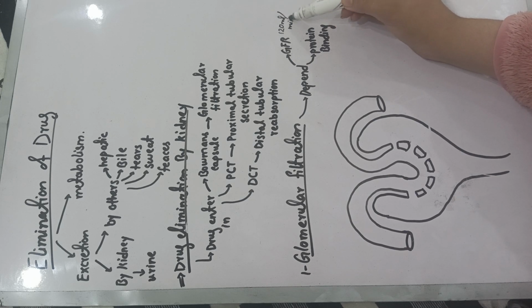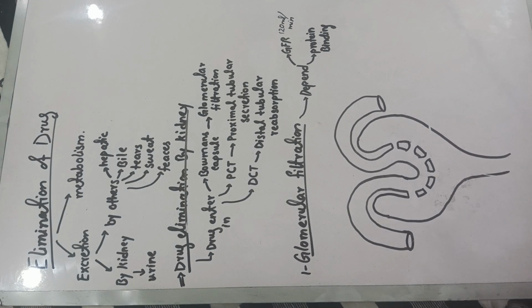This is the normal value, but whenever a variation occurs, this value is disturbed. Like in a kidney patient, the GFR will not be 120 ml, it will be decreased, maybe 100 ml per minute. So this could occur.